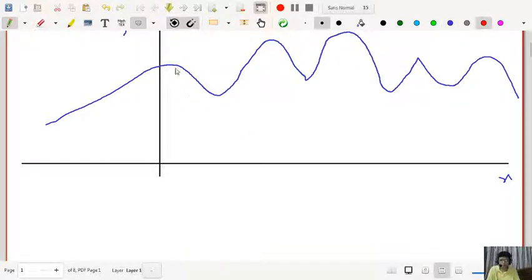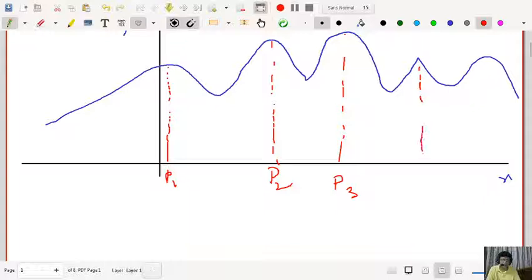Look at that, there are so many points. I'm selecting the peaks: P1, P2, P3, P4, and P5.